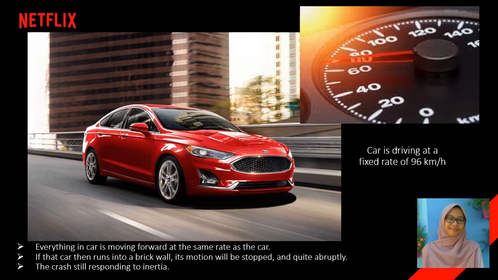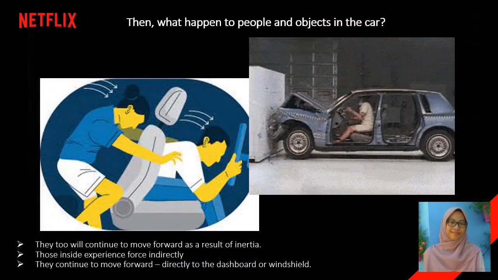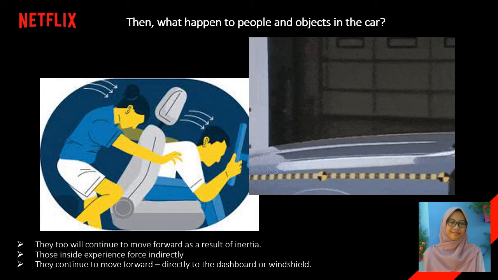If the car ran into a brick wall, its movement would stop, and quite abruptly. But even if its movement stopped in the split second after the crash, it still responded to inertia. Instead of bouncing off a brick wall, it will continue to break through into the wall.